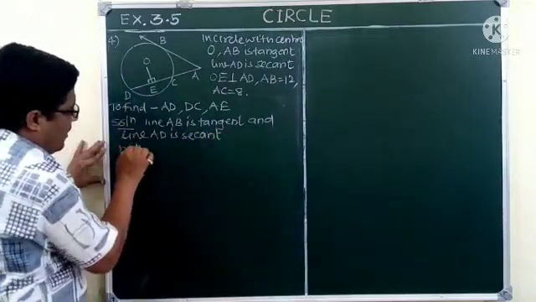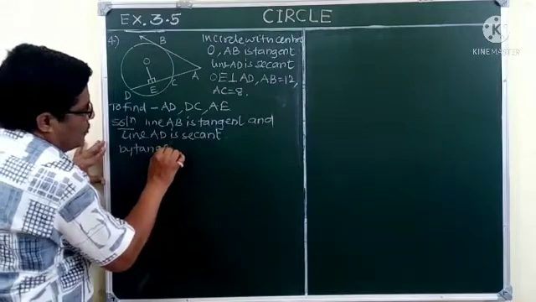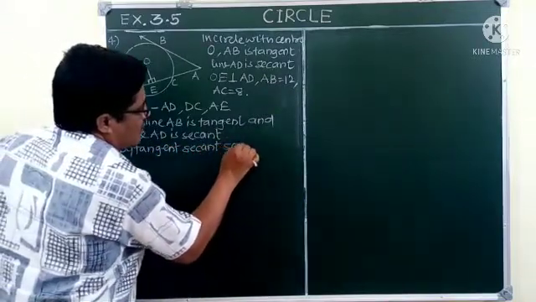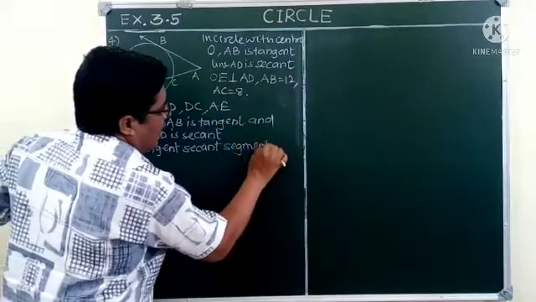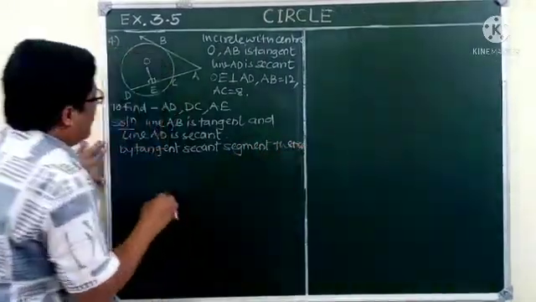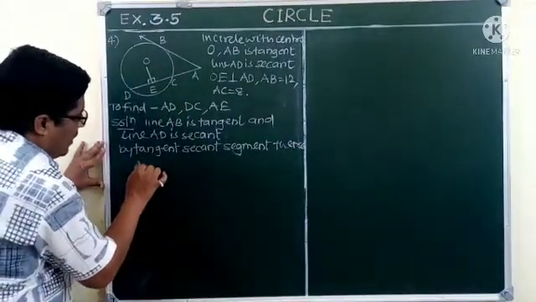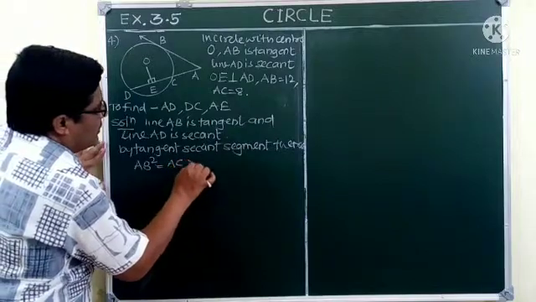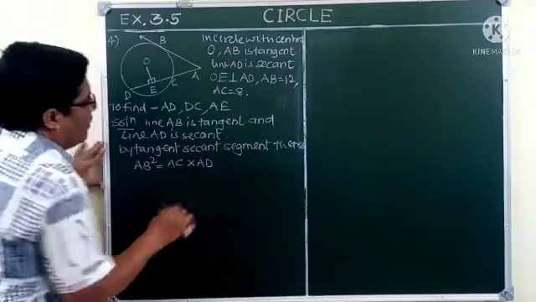Therefore by tangent secant segment theorem we can write AB square is equal to AC into AD.